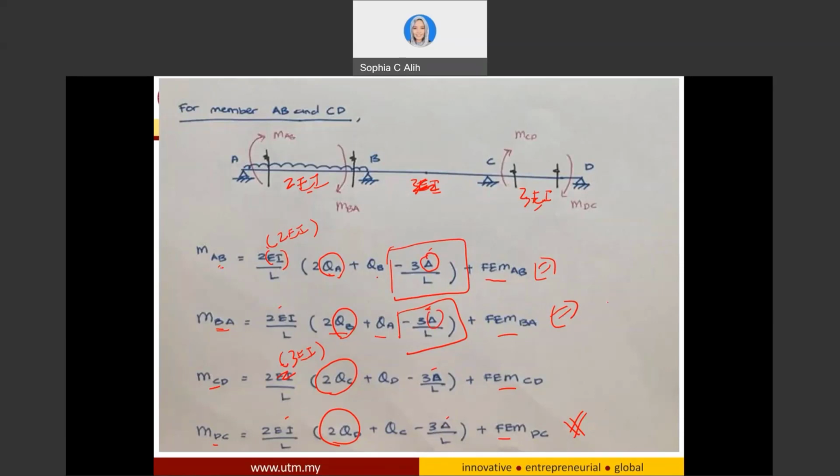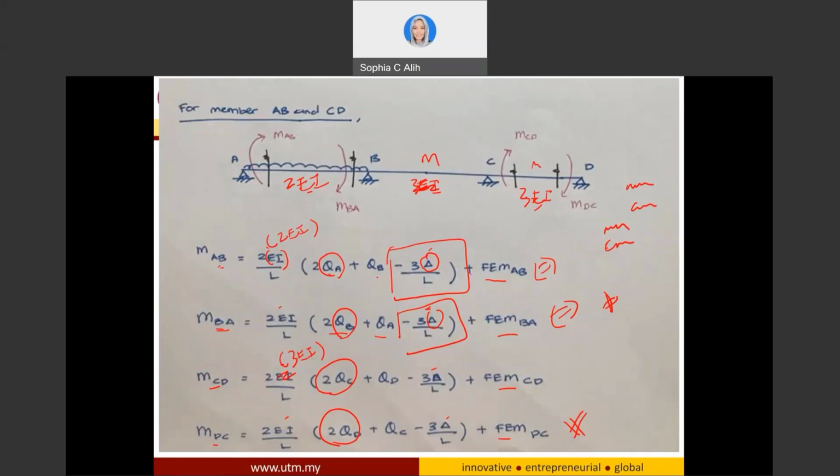So you just have to use the same equation and just put the value of the settlement for that span, but be very careful with the value, whether it is millimeter or centimeter, because if your span is given in meter dimension, and sometimes the settlement is given to you in millimeter or centimeter, then you have to convert it first before you can use the value in this delta, and you have to be very careful if it is positive or negative.